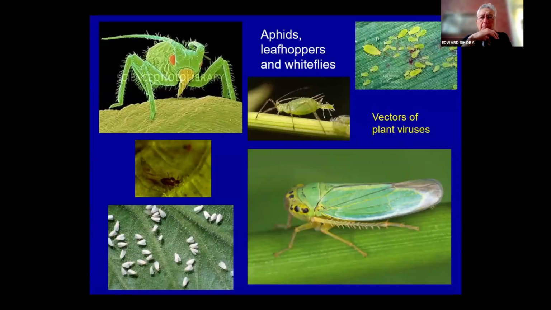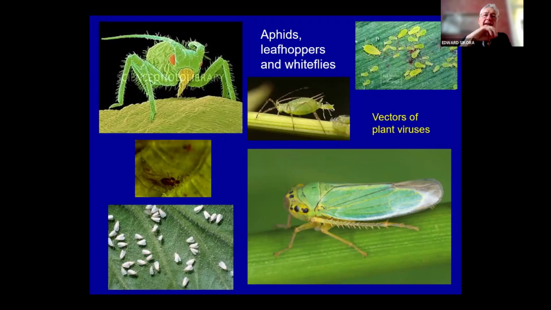So I think you already talked about, we'll be talking about insects, but aphids, leafhoppers, and whiteflies are the 3 main vectors of viruses in Alabama. Aphids feed with this piercing, sucking mouth part that you see in that diagram in the upper left. The virus particles are stuck to the stylet, that mouth part, and they poke that into the leaf, much like getting a shot at the doctor's office, like with a hypodermic needle.